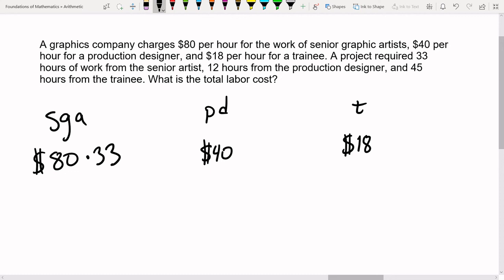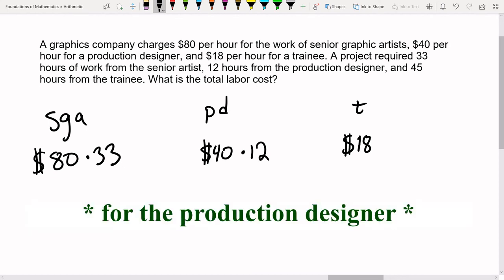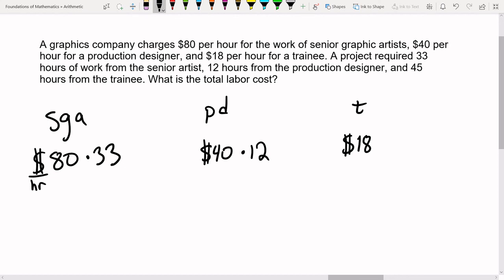The production designer worked 12 hours, and they are $40 an hour. So $40 an hour times 12 hours gives us the total labor cost. I should actually put a little bit of units in here. $40 per hour at 12 hours.